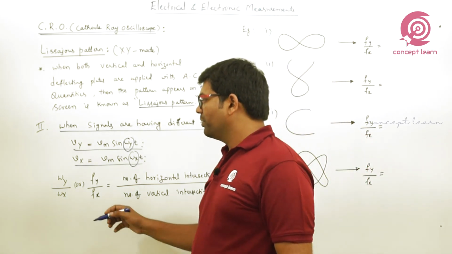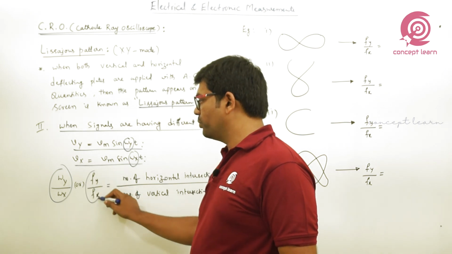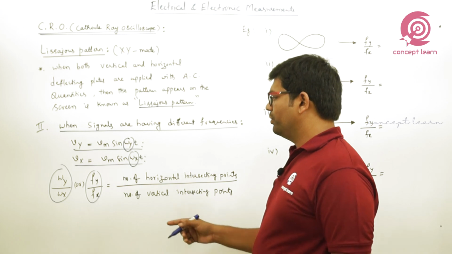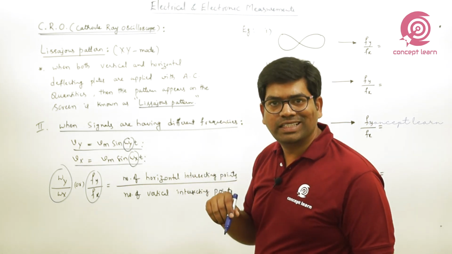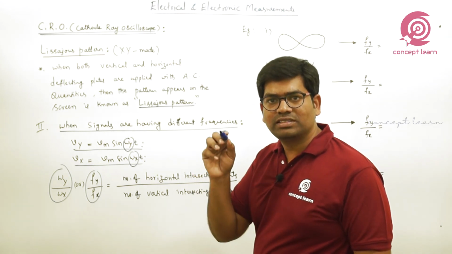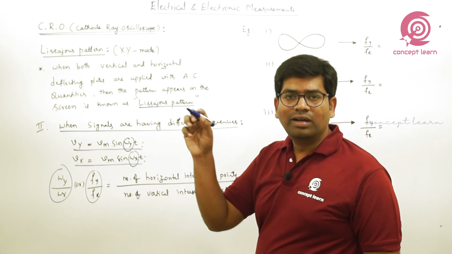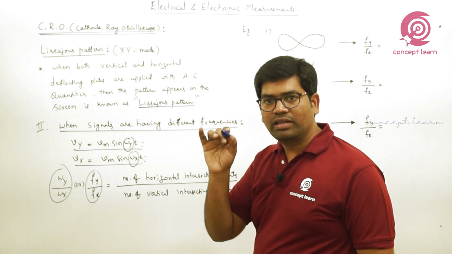So generally we write the ratio of the y-axis to the x-axis, like omega y to omega x or fy by fx. This is the ratio. You can even use the tangent line and count the number of tangencies, meaning how many times it is touching the line. Tangent line means we draw both a horizontal tangent line as well as a vertical one and we write that.